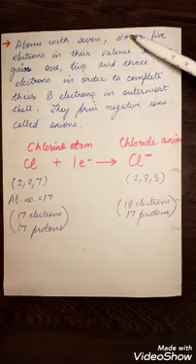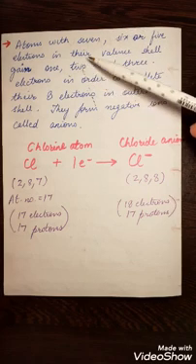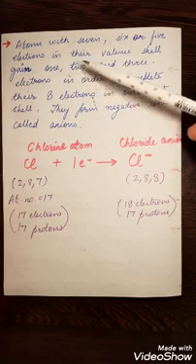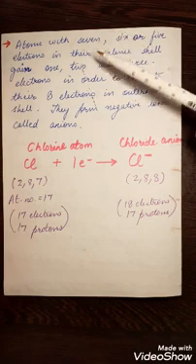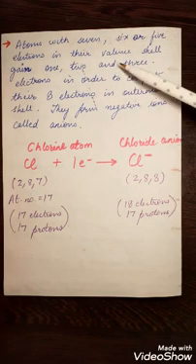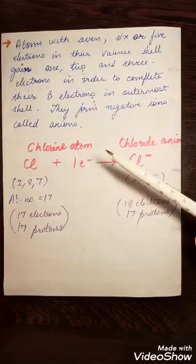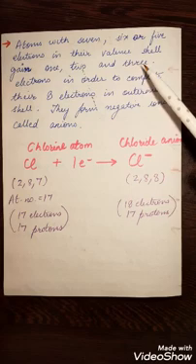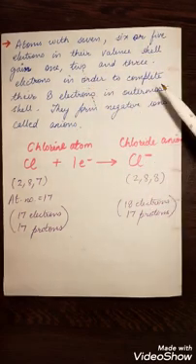If the atom contains 6 electrons in the valence shell, then this atom will add 2 more electrons to make the electron number 8. If the atom contains 5 electrons in the valence shell, then this atom will try to gain 3 electrons and make the electron number 8 and hence become stable.